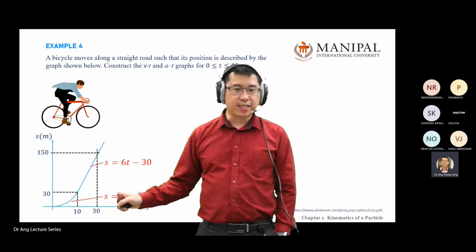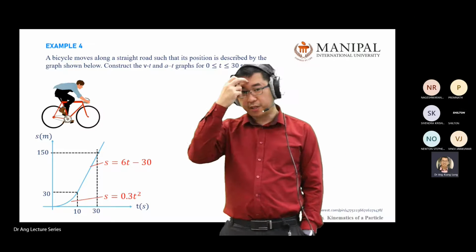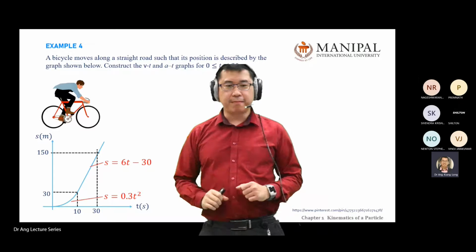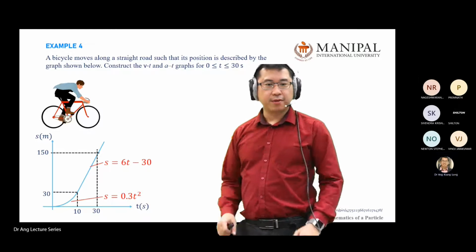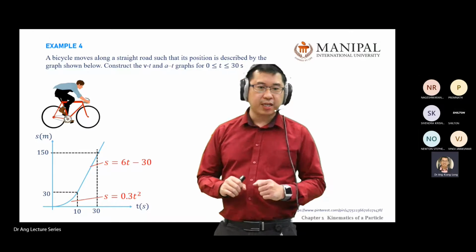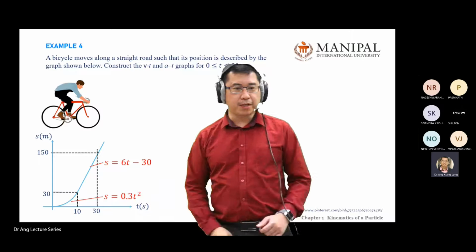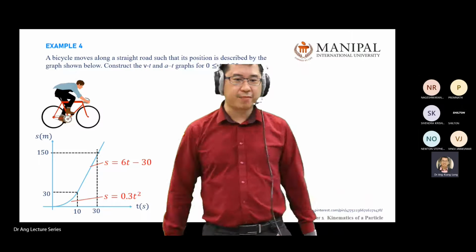Can you imagine the motion of the bicycle? For the first 10 seconds, the rider slowly cycles the bike from 0 to 30 meters. After 10 seconds, he starts to speed up.